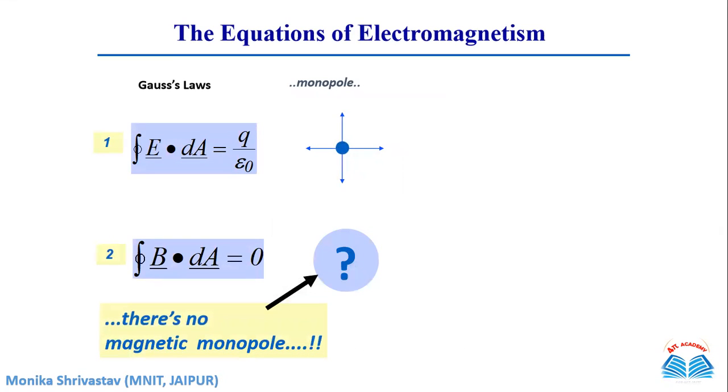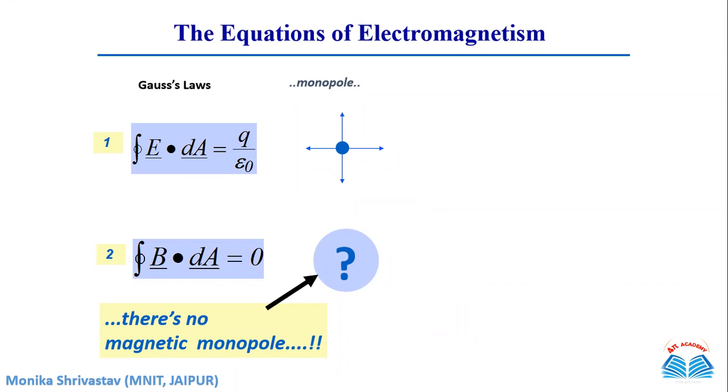The first one we will use to make those equations is Gauss's law. Gauss's laws are for two fields, electric fields and magnetic fields.